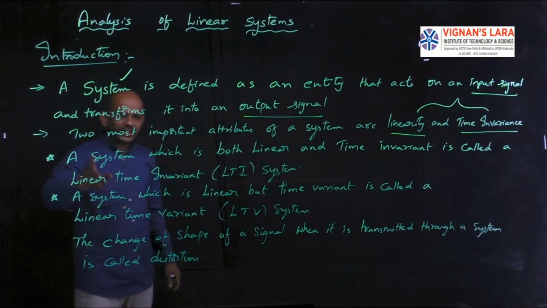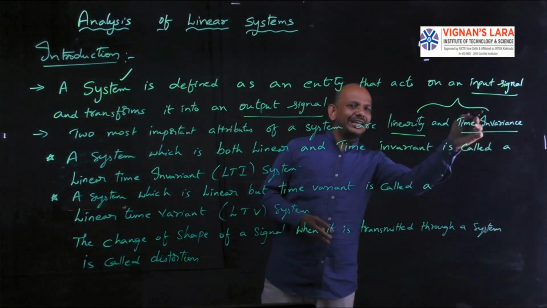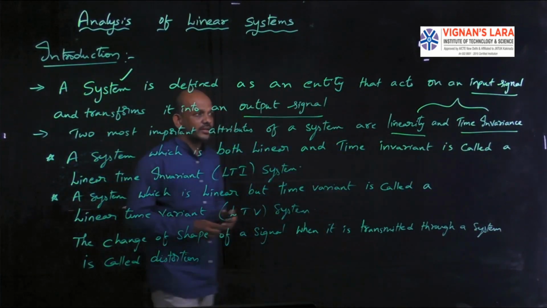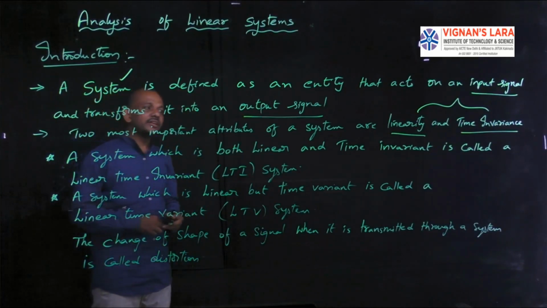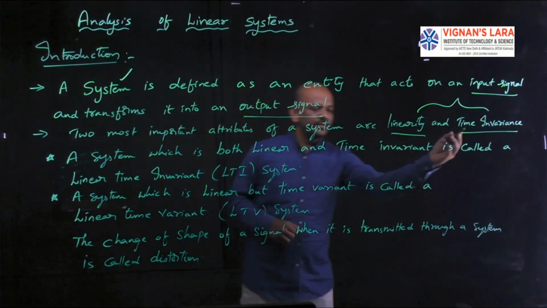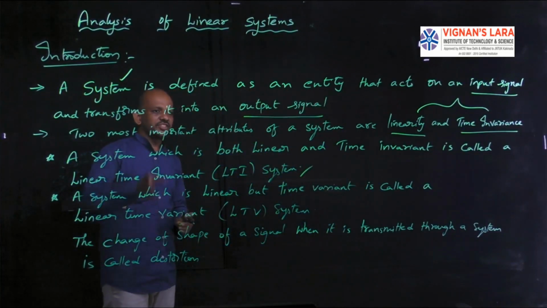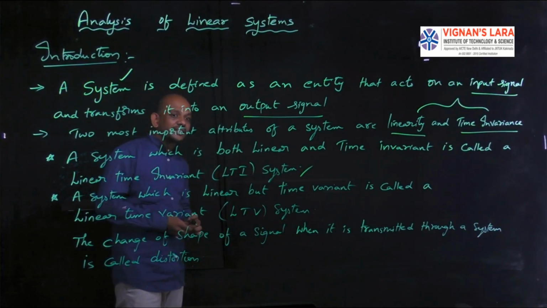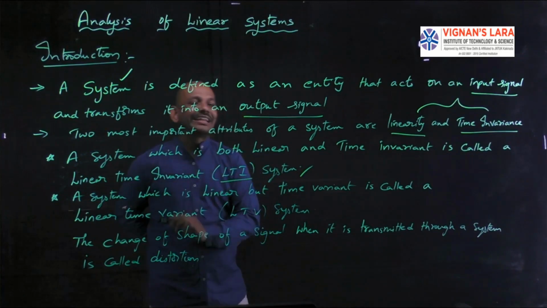A system which is both linear and time invariant is called a linear time invariant system. Simply we call it LTI system.